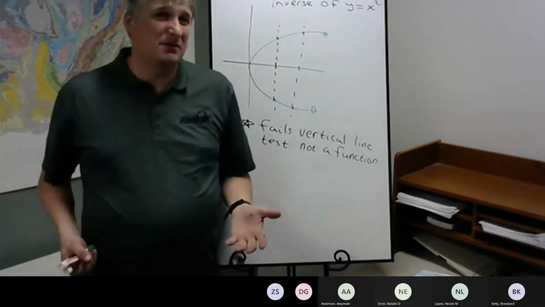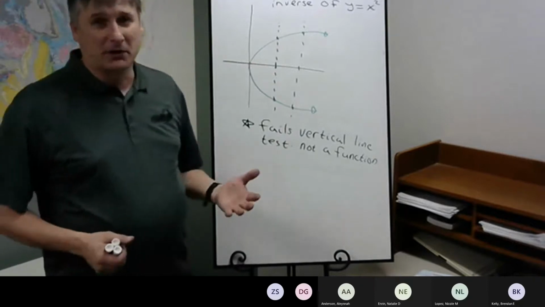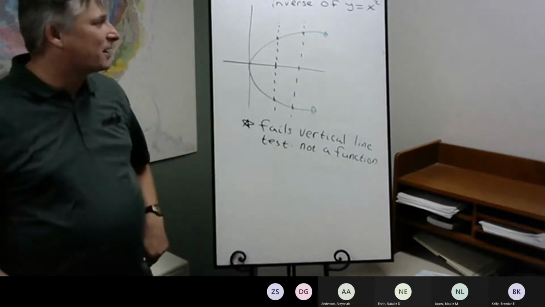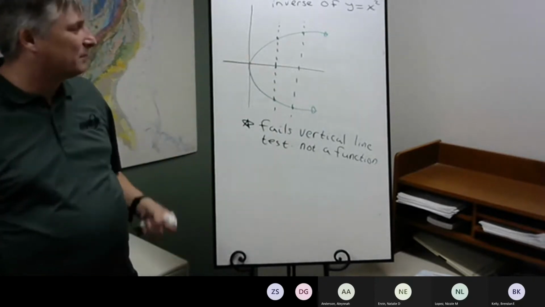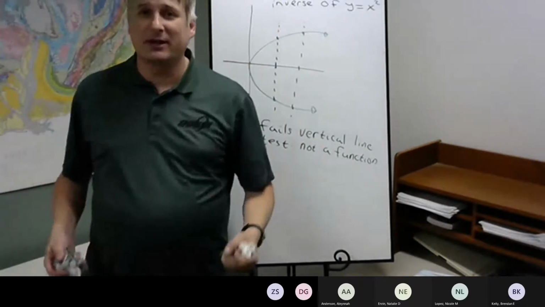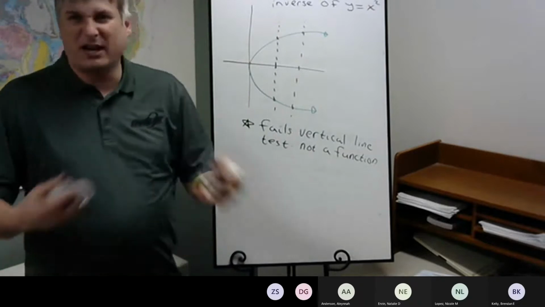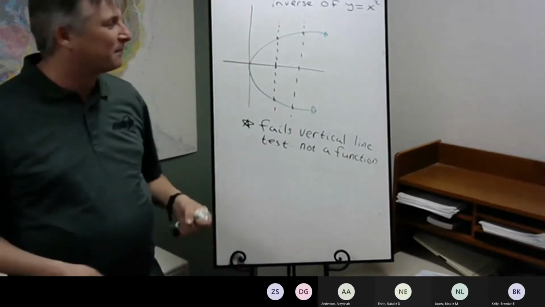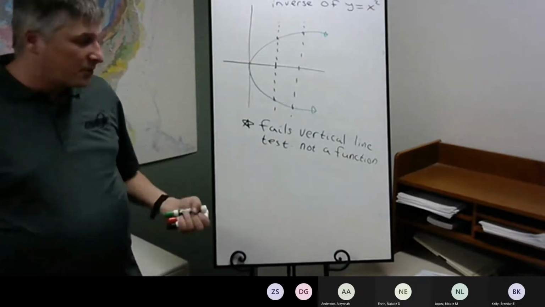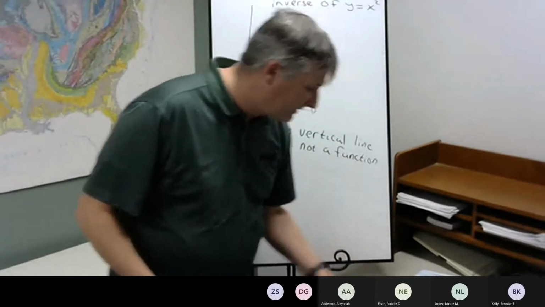So again, we're in two places at the same input or the same time, and that's not going to work. So this is not going to be a function. But we knew that already because y equals x squared didn't pass the horizontal line test. This is just a little bit of extra credit, just going a little bit farther. Anyway, so those are four properties with inverses to keep in mind.